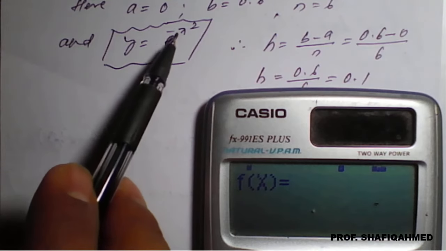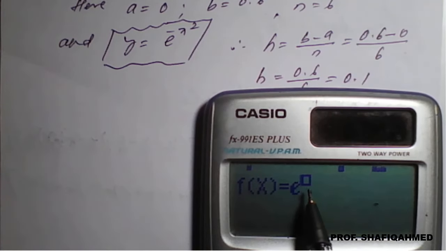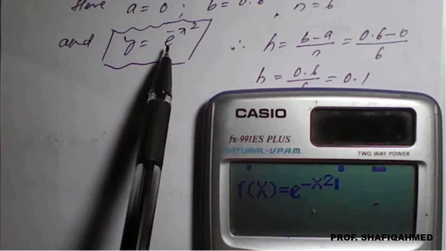Then write e raised to minus x square. For e raised to, you have to use shift ln, and you find e raised to box. In that box you use minus, alpha x, square. You can find here f of x is equal to e raised to minus x square, exactly what we have.